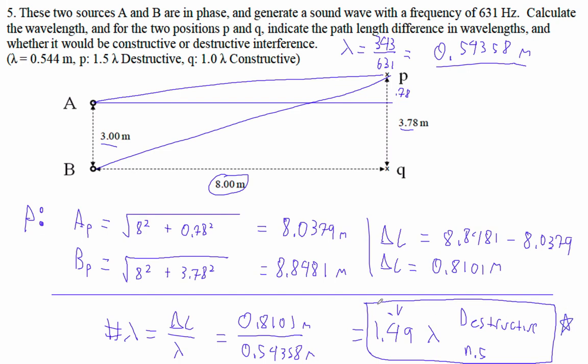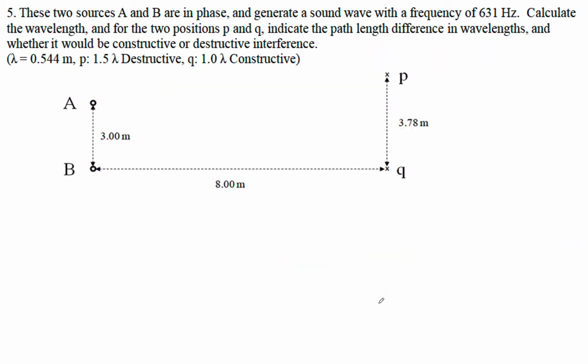Okay, so now let's look at point Q. I'm going to erase here. Okay, so again, our wavelength is 343 divided by 631, and that is 0.54358 meters, right?